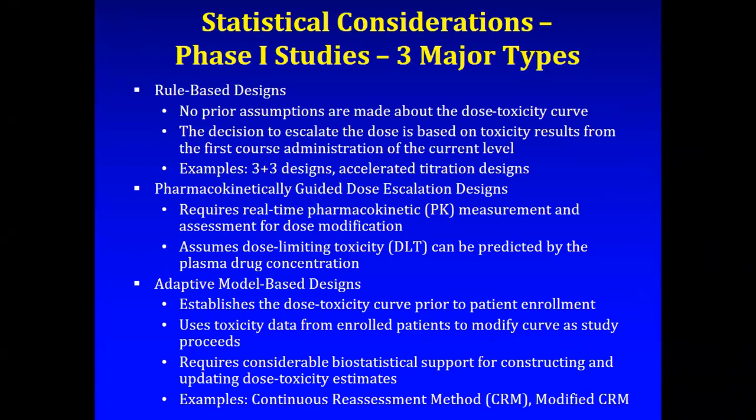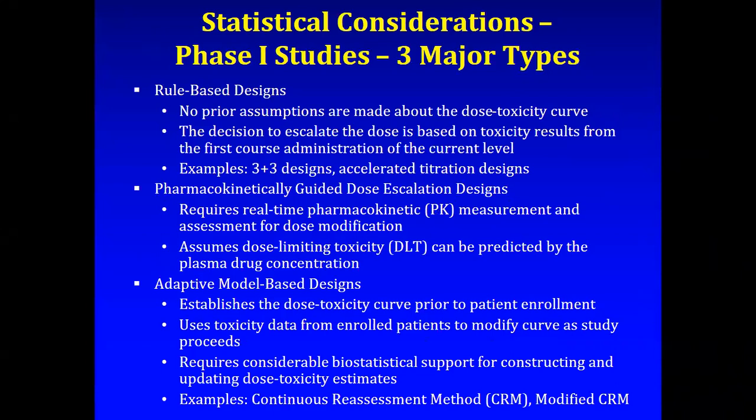Once the design is set, the investigators essentially follow the rules of that type of design. I'm making that statement for a reason. The second one is pharmacokinetically guided dose escalation designs. These are actually not used very often, and I'll talk more about that in a minute too.